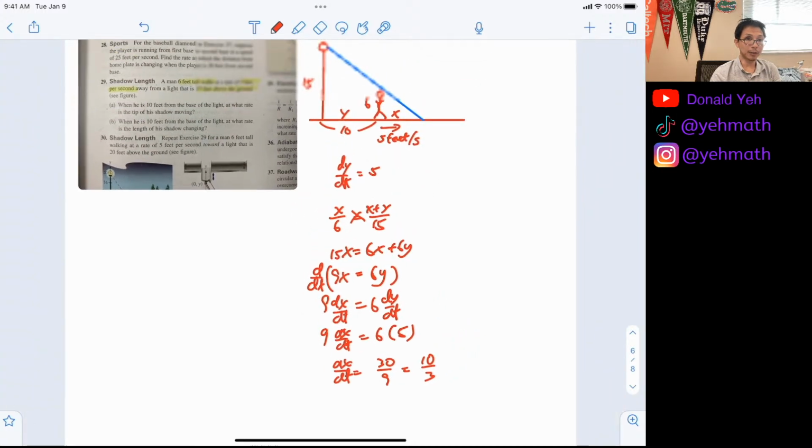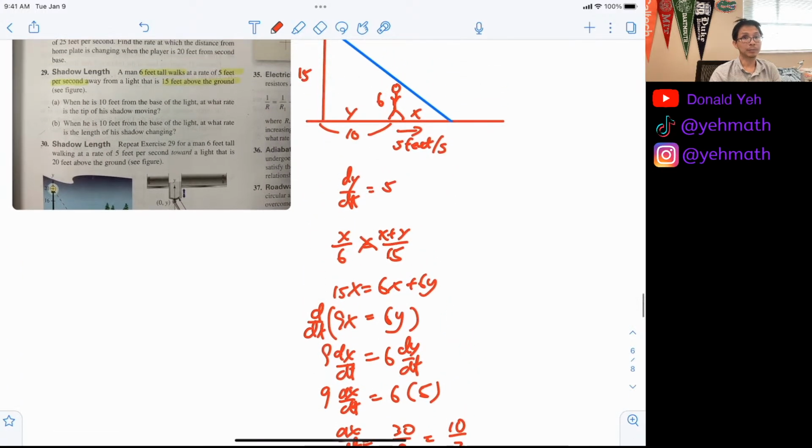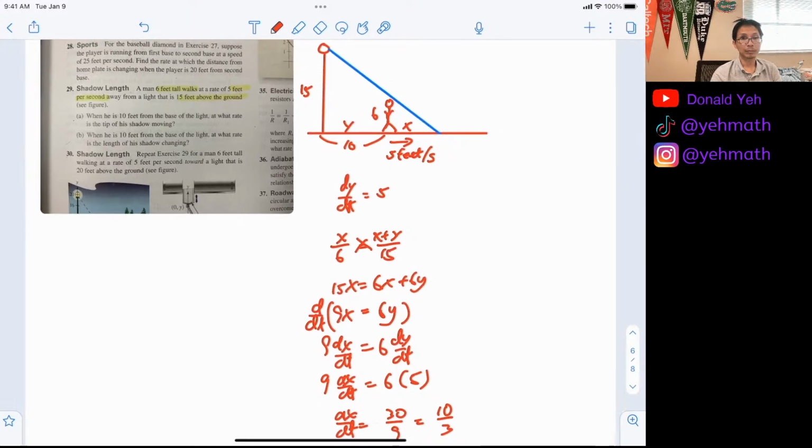Now dx/dt is the answer for which one, A or B? B is correct. So this is B. How do I do A though? Do you take away his length, because they give us his height, so we know it's 6?